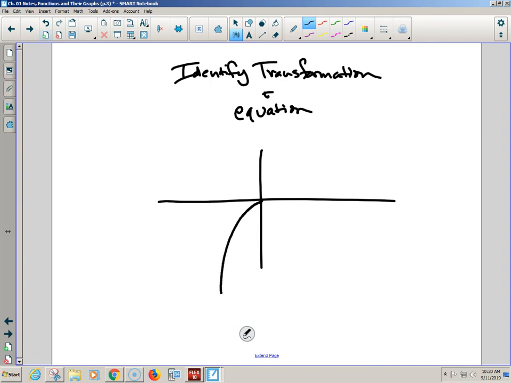Let's do the exact same one, but let's instead have a point at (-2, -5). Now, not (-2, -4), it's (-2, -5).